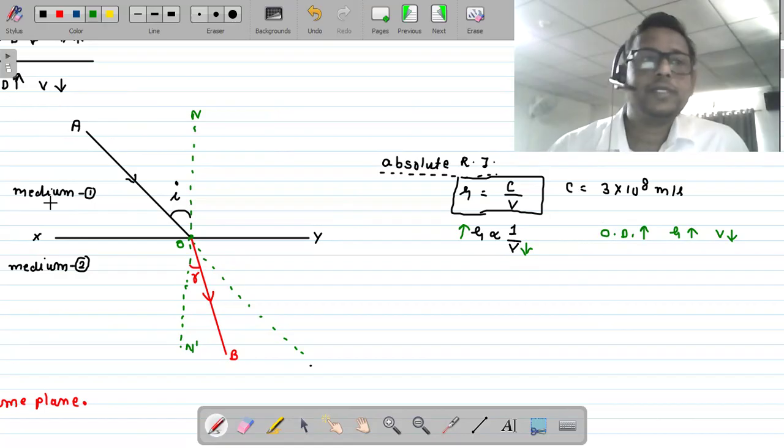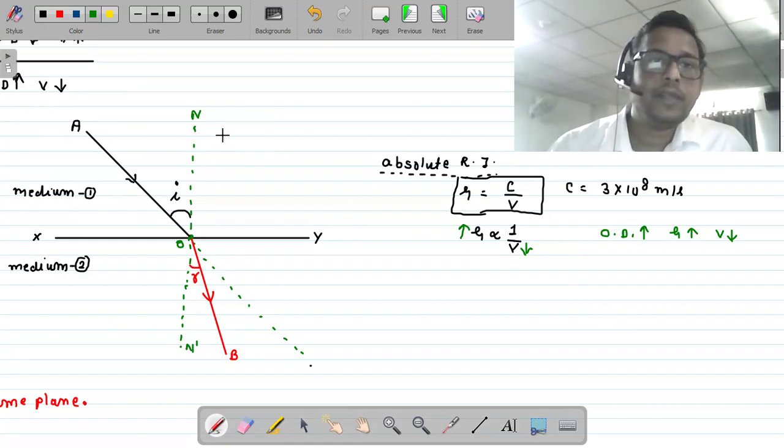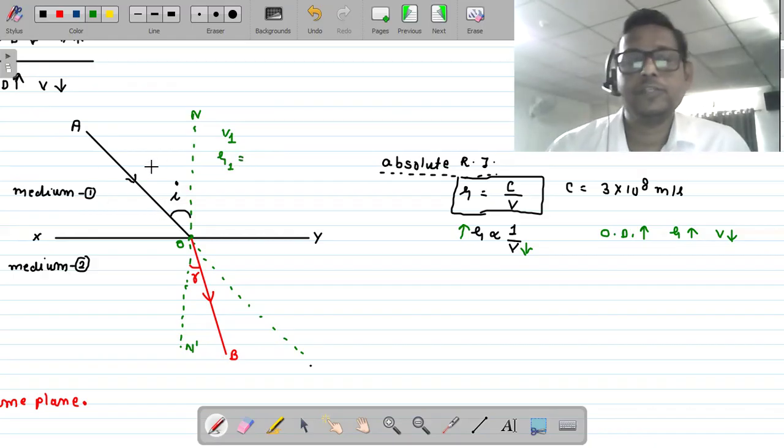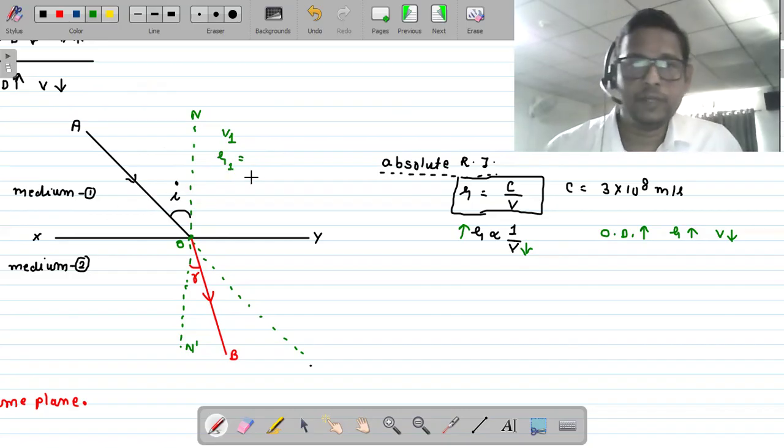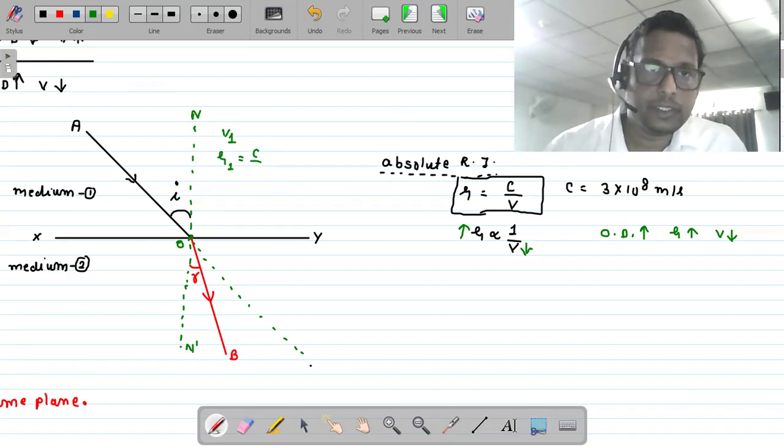Understand? So let's say this is my medium 1, and in this medium 1 the speed of light is v1. Now I can write the formula of absolute refractive index for this medium 1. It will be equal to c divided by v1.